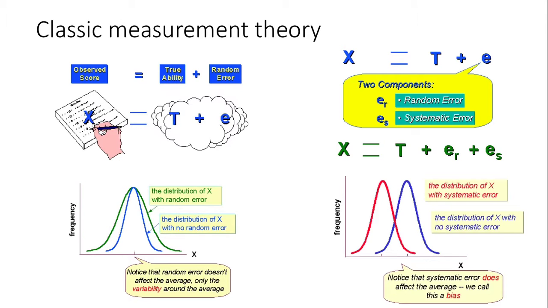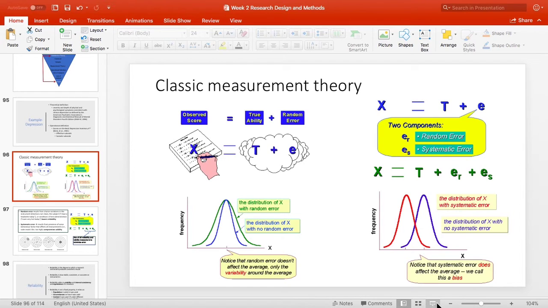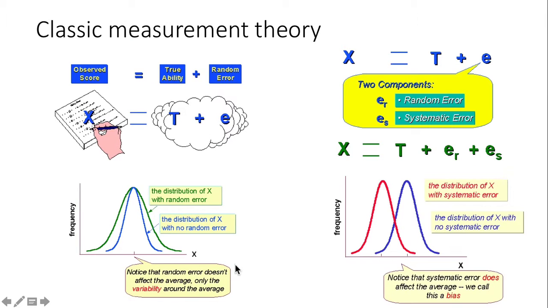So if you look at this figure down here, notice that if we're just looking at random error, it doesn't affect the average or the mean.